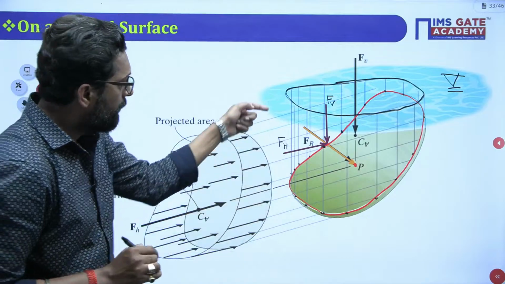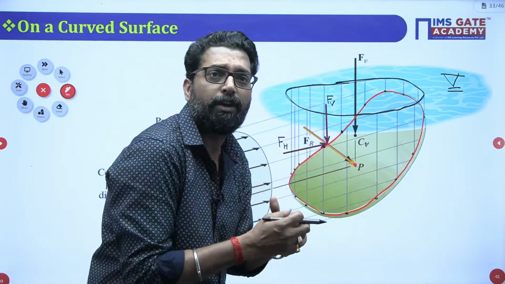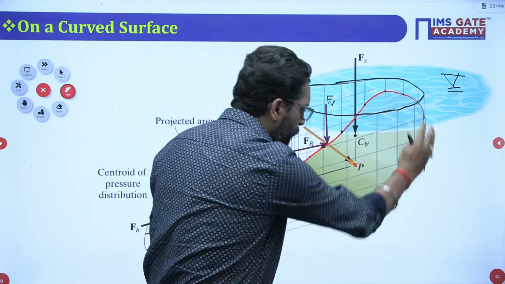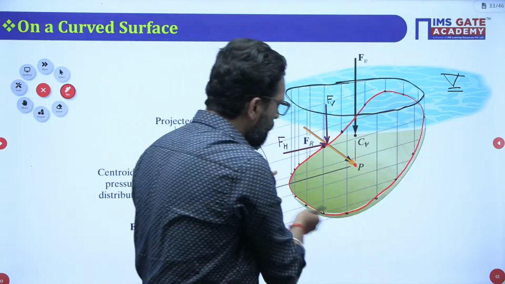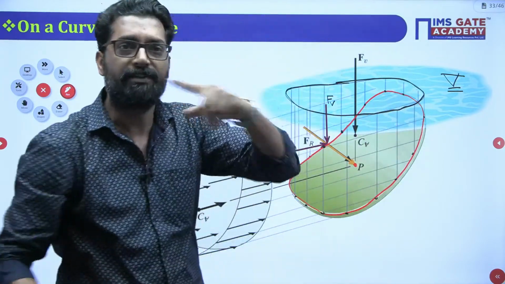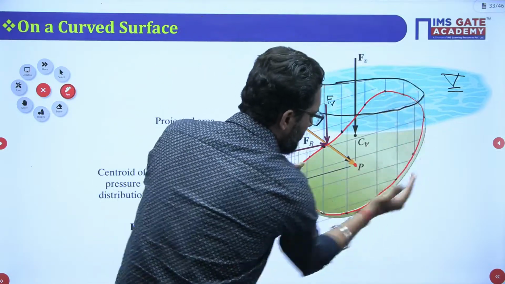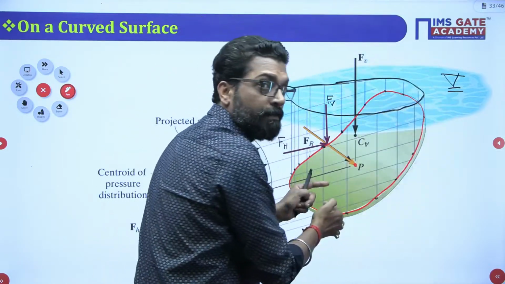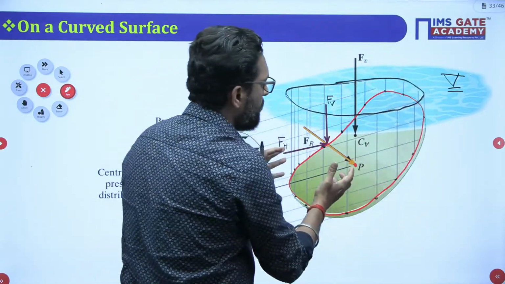Now my dear, how to calculate this vertical force? If you take the projection of this surface vertically up to the free surface, there must be a region, a volume, contained by this curved surface.